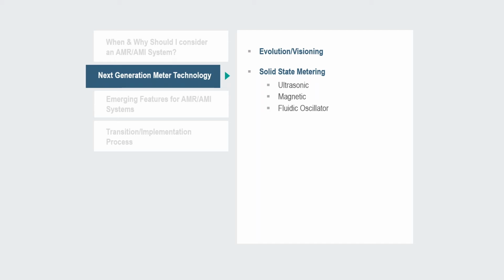Next generation meter technology. If we think about just the way the world is today, nothing stays the same. What is innovative today becomes obsolete tomorrow. I'm old enough to remember listening to 8-tracks. So now we barely have MP3s.